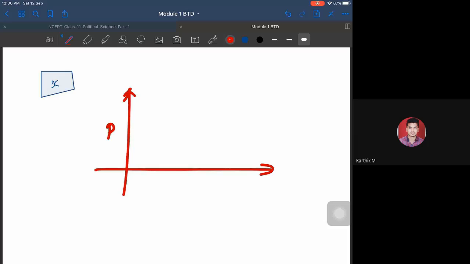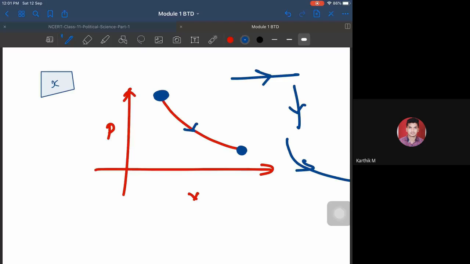You must specify the initial state, the final state, and how it has gone through: whether horizontally, keeping pressure constant, vertically, keeping volume constant, or hyperbolically, keeping temperature constant. You must specify all those aspects. Then your path is specified with all the requirements, and you can say this particular path is your process.